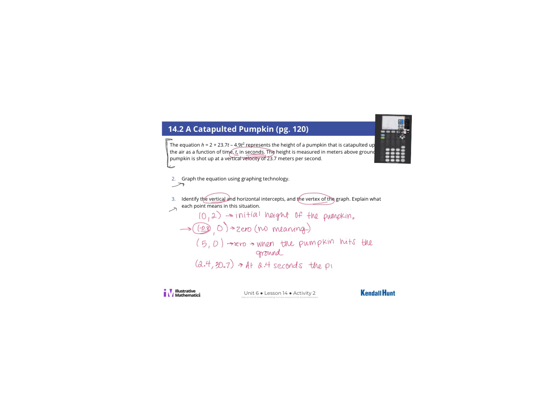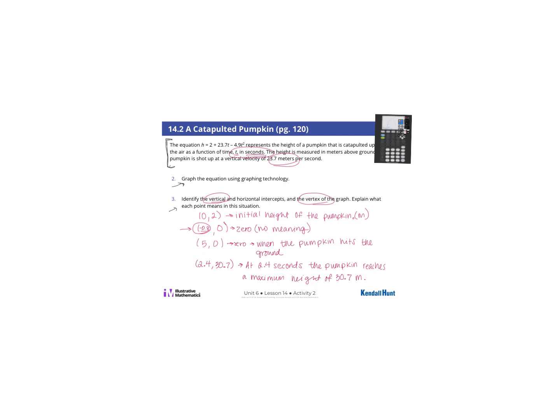The pumpkin reaches a maximum height of 30.7, and we are talking in meters. So this would be meters, okay? That vertical intercept would also be in meters.